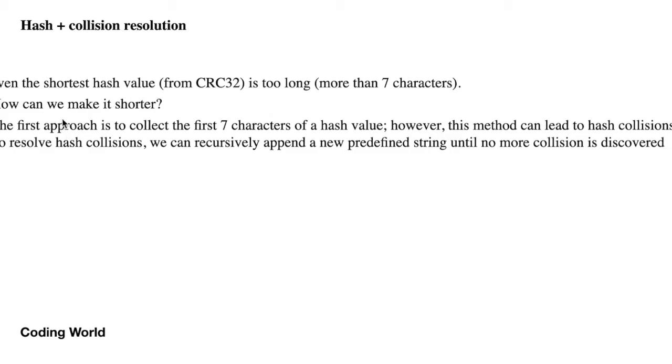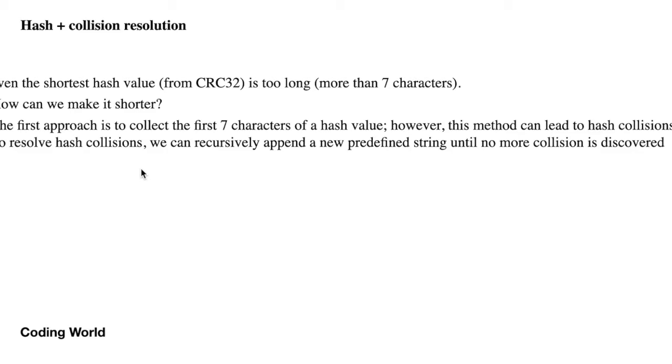As I told, even the shortest hash value from CRC32 is too long, which is more than seven characters. How can we make it shorter? The first approach I will tell you is that we will take seven characters from that hash code, and we will attach a predefined string in front of or at the back of that hash value.